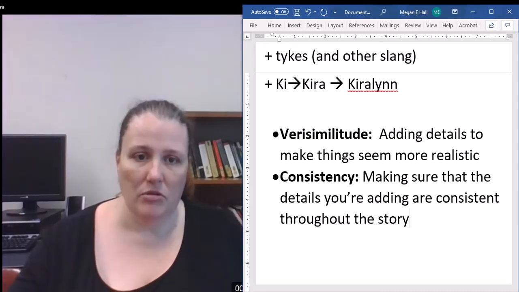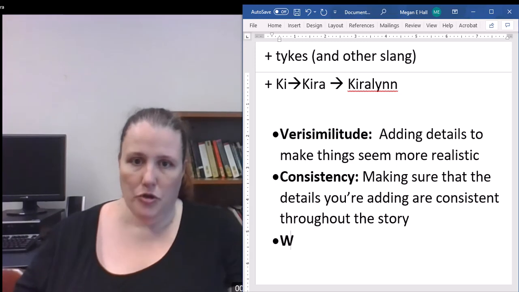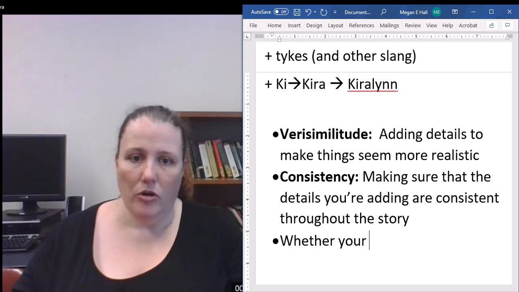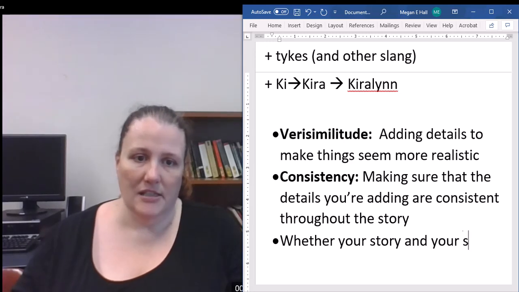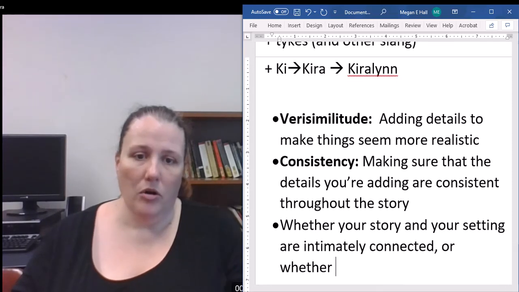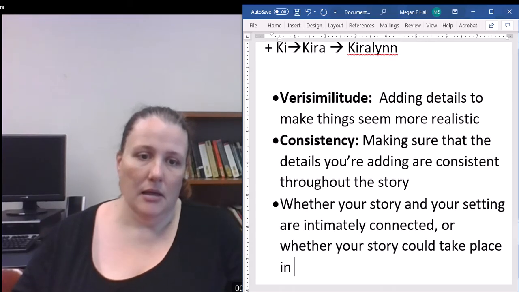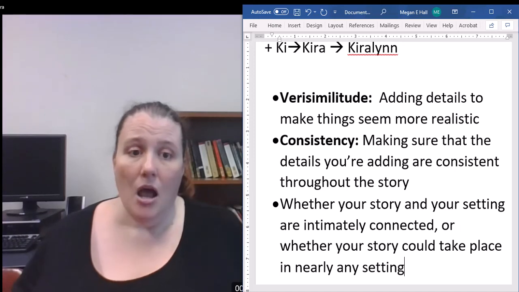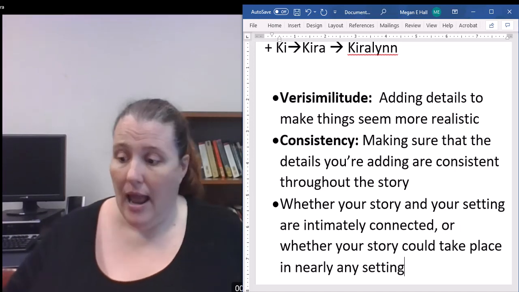Another thing I would like you to think about is whether your story and your setting are intimately connected, or whether your story could take place in nearly any setting. Now, neither of these are bad. It's just a choice that you're making as an author.